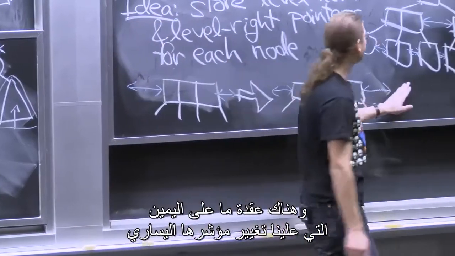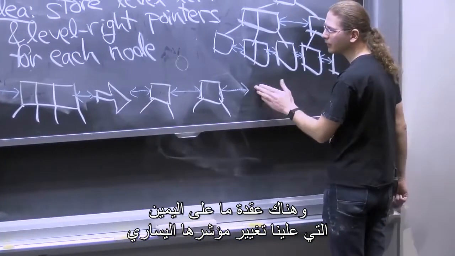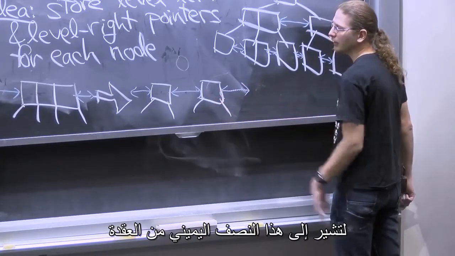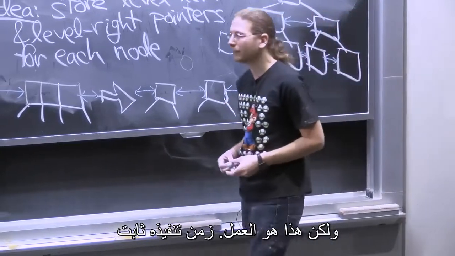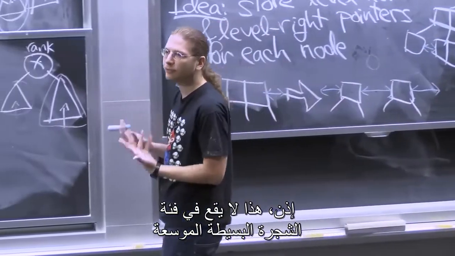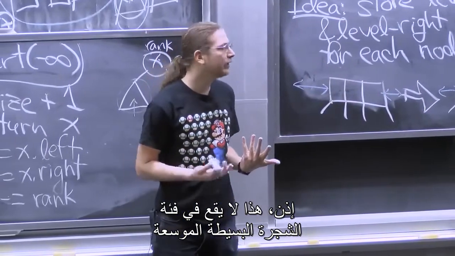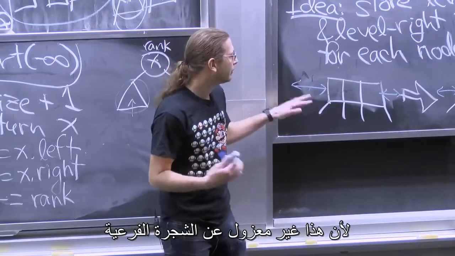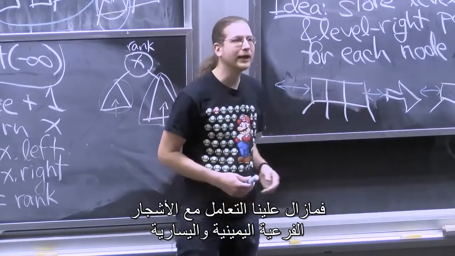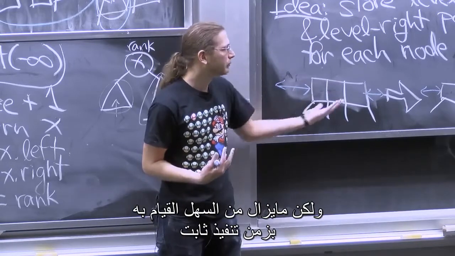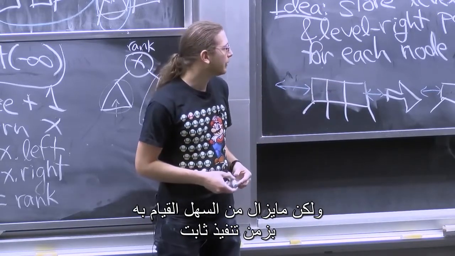And there's some node over on the right. We have to change its left pointer to point to this right half of the node. But that's it, constant time. Okay, so this doesn't fall under the category of easy tree augmentation because this is not isolated to the subtree. We're also dealing with its left and right subtrees, but still easy to do in constant time.